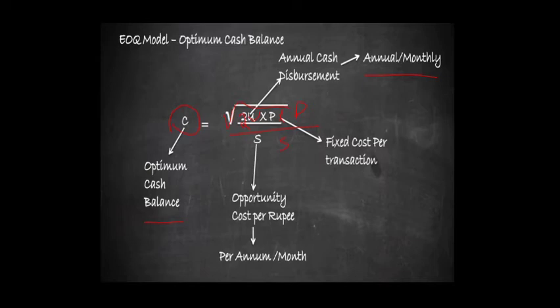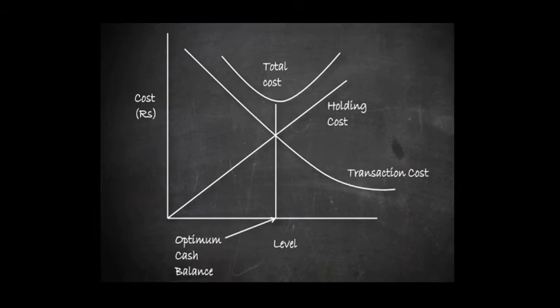So what if we plot this economic order quantity model? The plot would look like this. Here on the vertical axis we have cost, and on the horizontal axis we have levels.